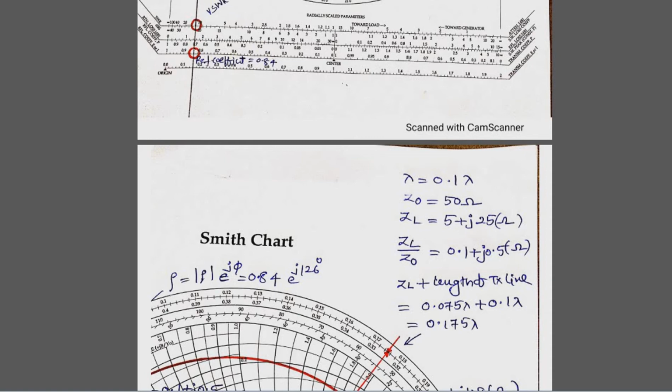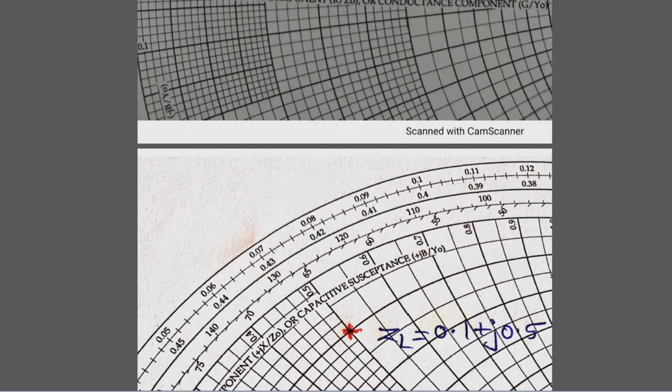So on the real axis, you already came across this x-axis, which is convenient for us. The x-axis will give you the real axis, and the arc-like curves will give you the imaginary part.